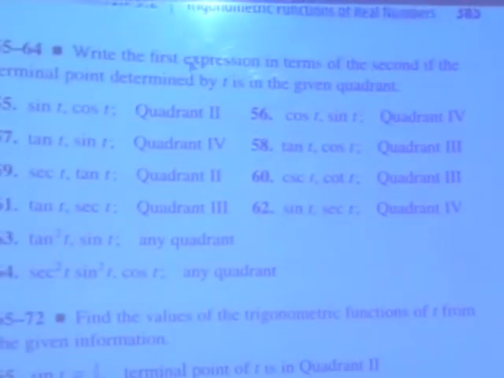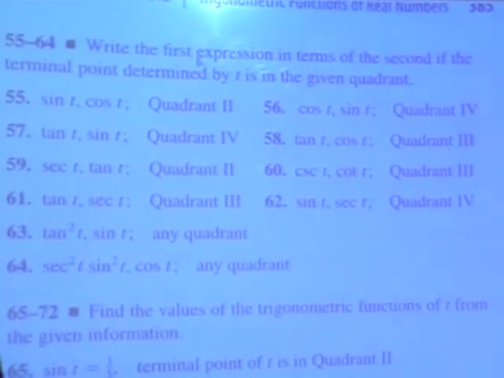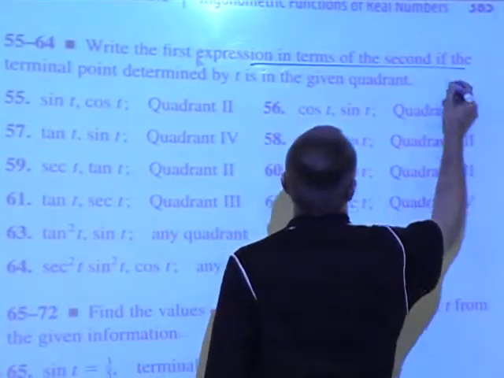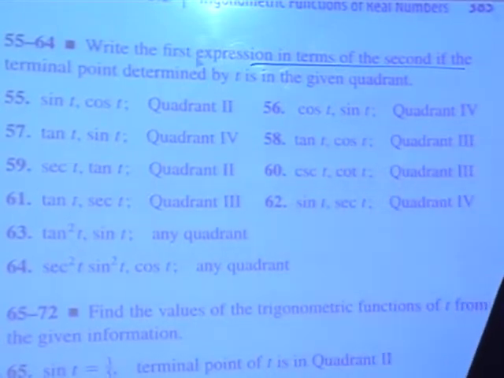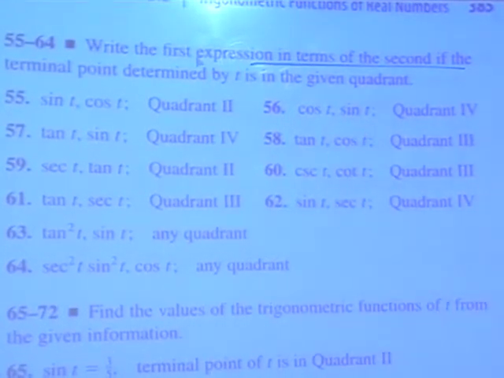Time for one more? Write the first expression in terms of the second. We've had this forever. Right? Y in terms of x. That just means solve for y. Write cosine in terms of sine. That means solve for cosine.